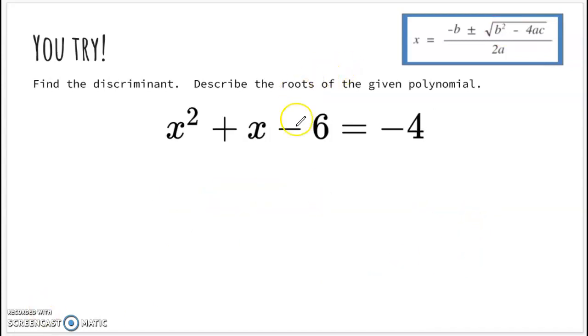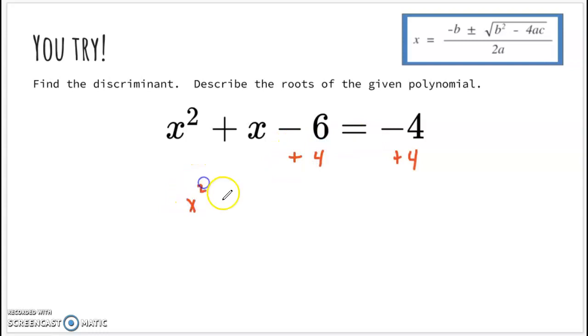All right, let's take a look at another example. The first thing hopefully you'll notice is that we're running into a problem. We don't have a quadratic written in standard form. So that's always the first thing we have to look for. I have to make sure it's written in standard form, set equal to 0. So I have to get rid of this negative 4 by doing a plus 4. If I do it to one side of my equal sign, I have to do it to both.